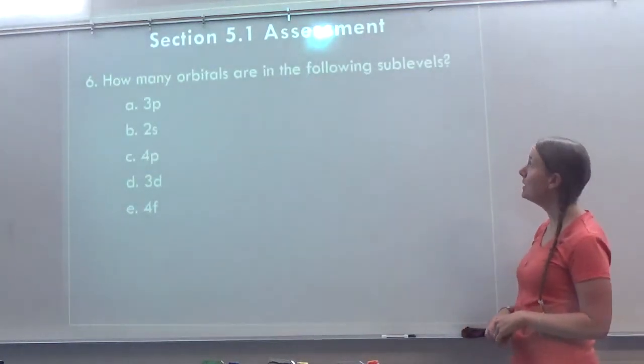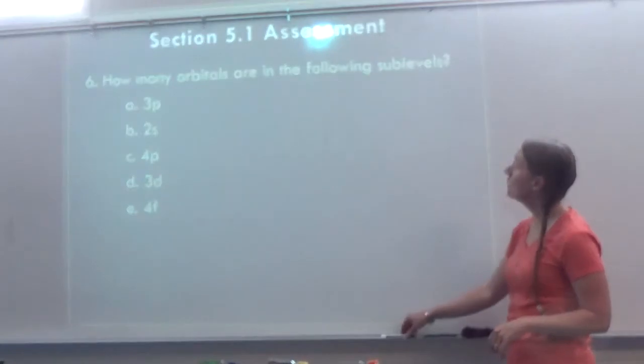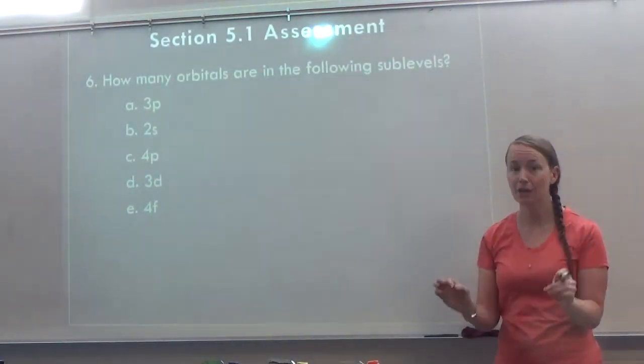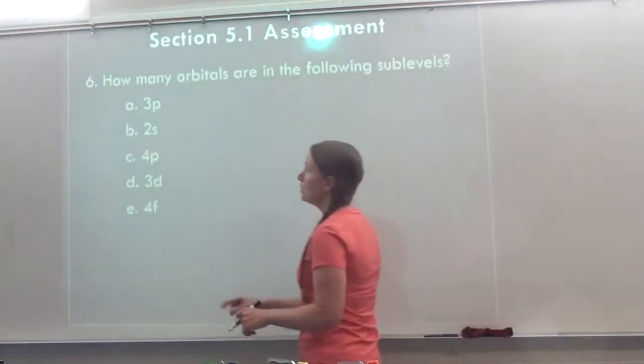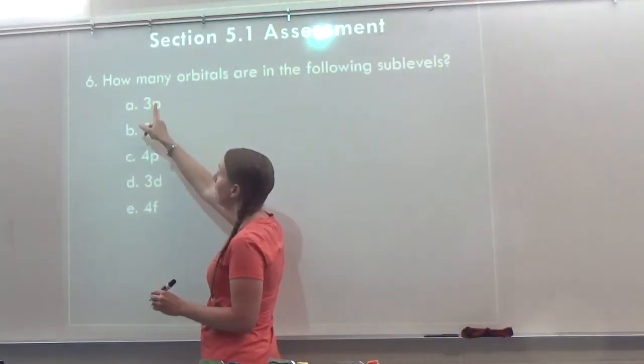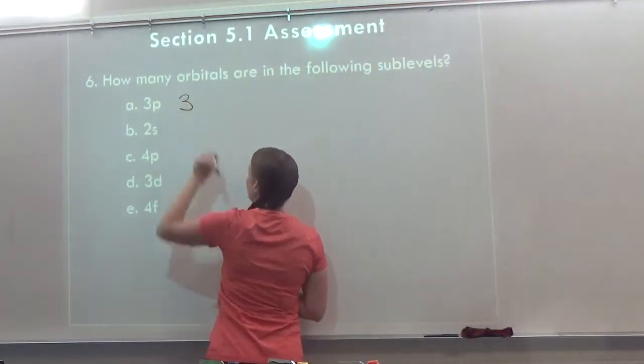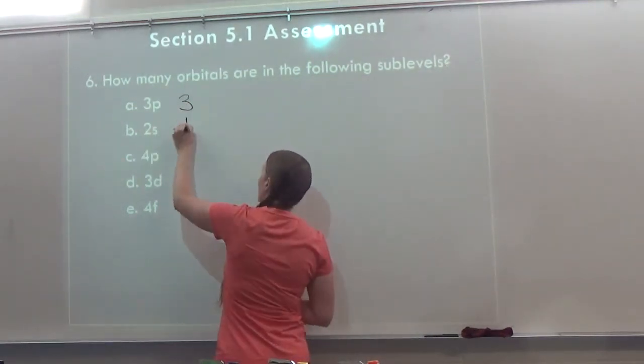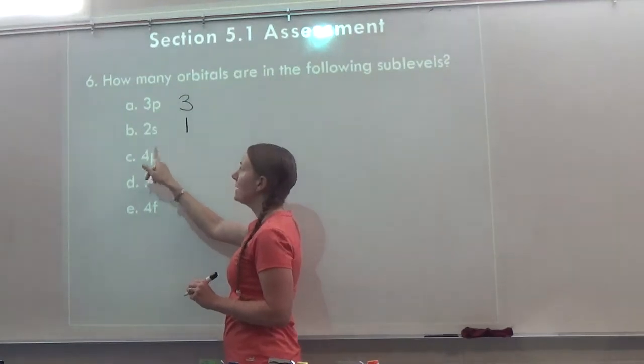All right, so it says how many orbitals are in each of the following sublevels. So remember, the orbitals are only based on the letter, not the number. So 3p, p has 3 orbitals. 2s, s has 1 orbital. 4p, it doesn't matter.